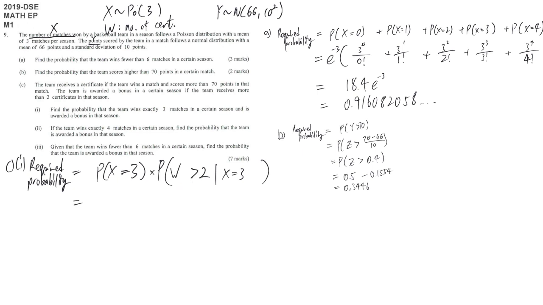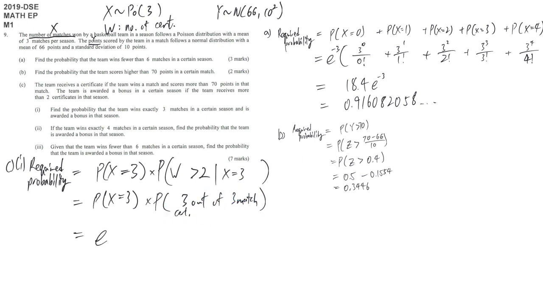Now when we consider x equal to 3, and given that only 3 matches have a chance to get certificates, we have to get more than 2. That means only one case: we get 3 certificates out of 3 matches. So this is relatively easy, because only one single case we need to consider.